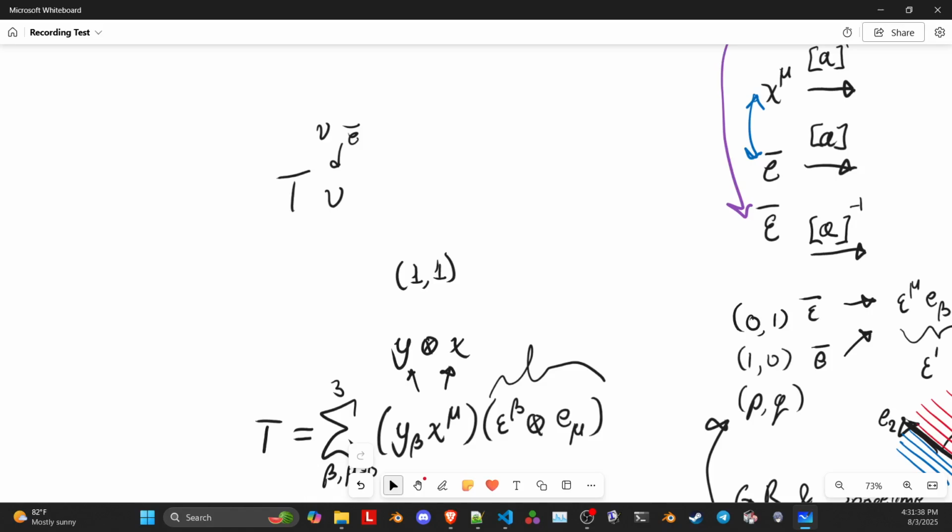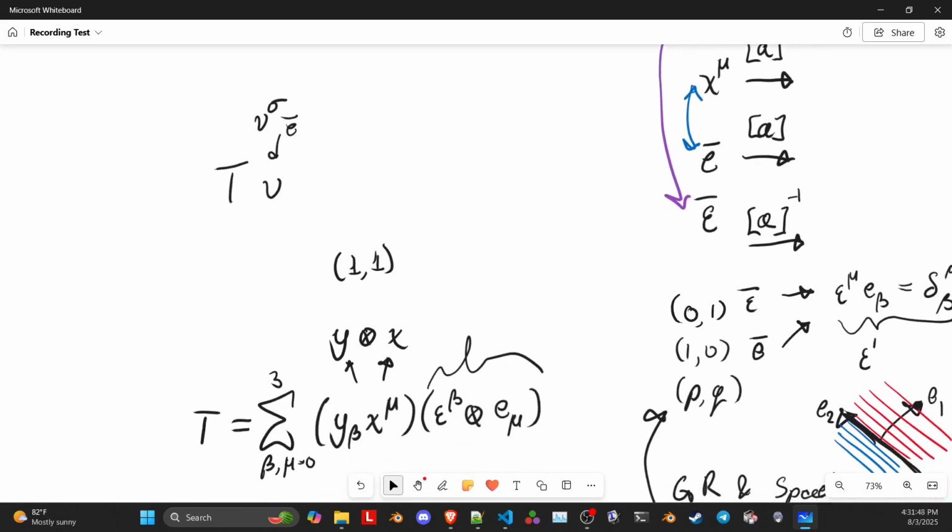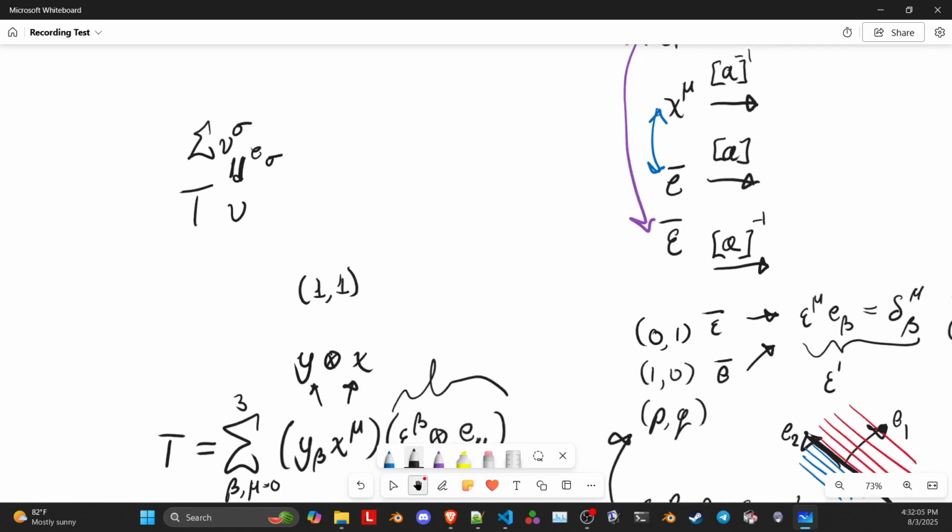We'll go back to, how about sigma? We'll use sigma. That's a different one, because T will have mu and beta. And so I'll be more explicit with what V is. So we should use a lower sigma here, and V is the sum. That's an equals. Okay.